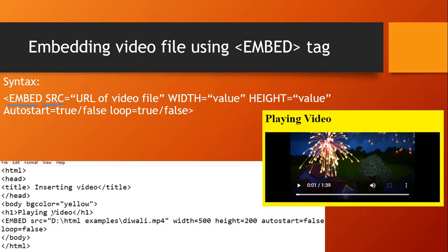previous example. See here the example below, embed src is equal to, I have taken one example, Diwali.mp4. Width is equal to 500, height is equal to 200, auto start is equal to false, loop is equal to false. So if you run this code, it will be displayed something like this.